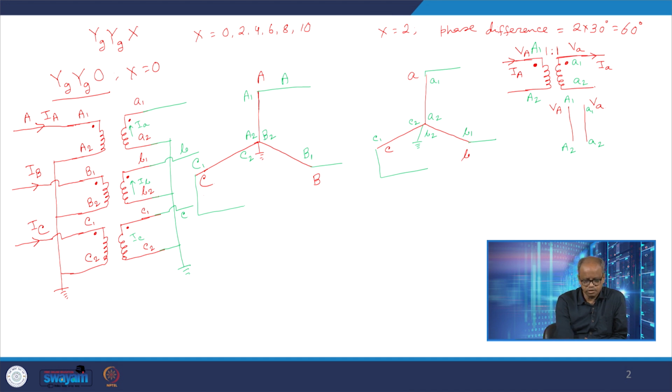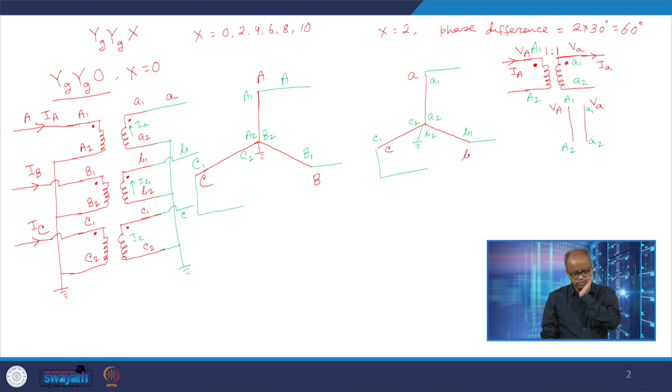So here also we make A2, B2, C2 tied together and simply ground it, and then from the small a1 terminal we take phase A, from small b1 terminal we take phase B, and from small c1 terminal we take phase C. So, that is how we make the connections. We will also look into several more examples, so it will be more clear as we proceed in this course.